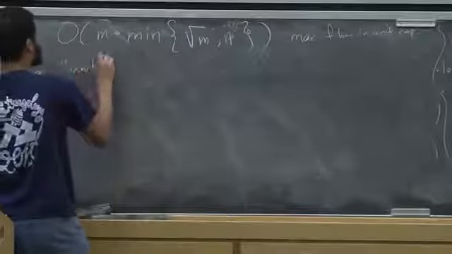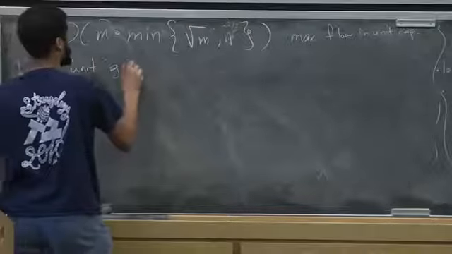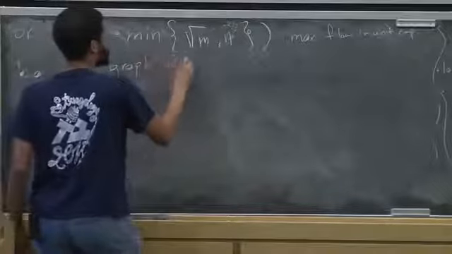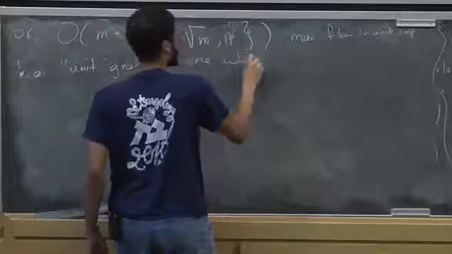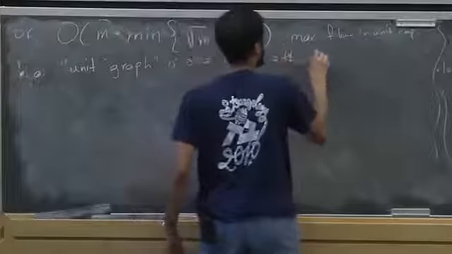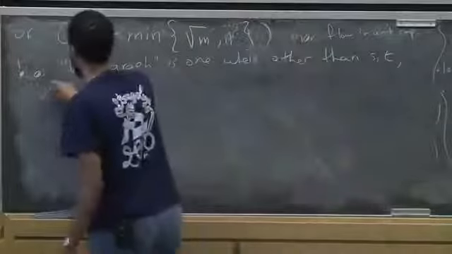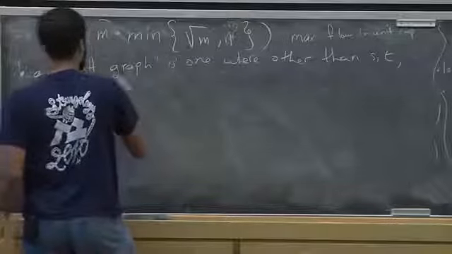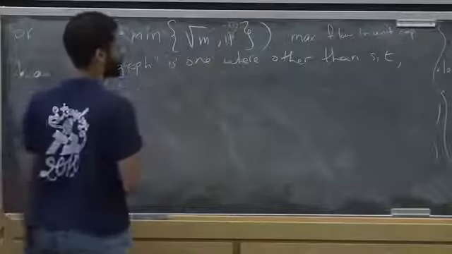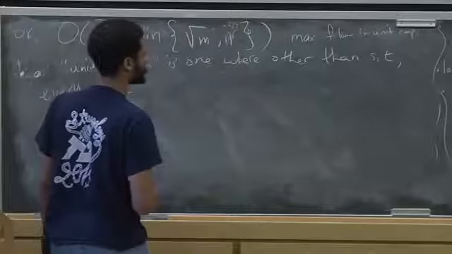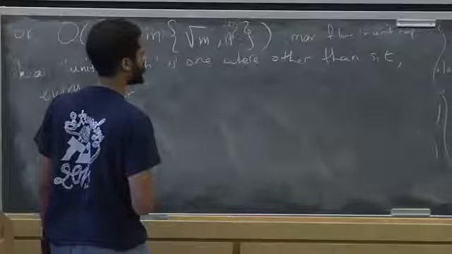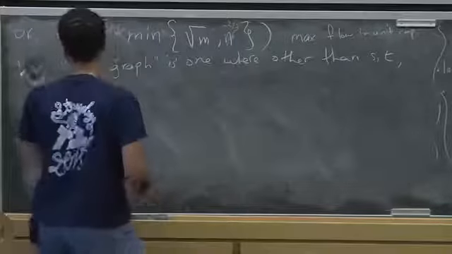A unit graph is one where, other than s and t, every other... well, let me just say another thing.